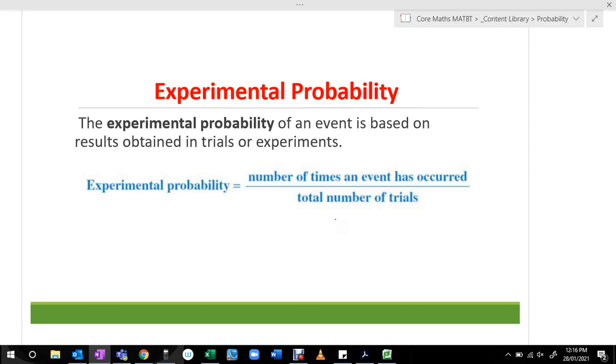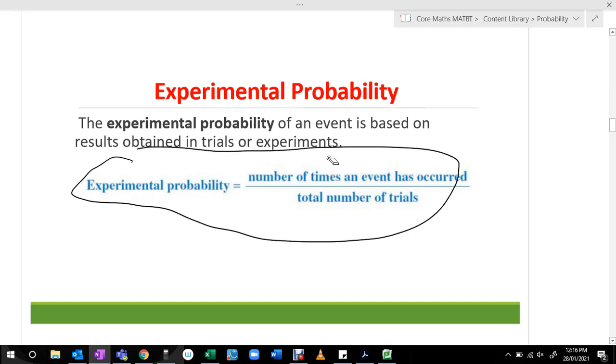Or you might roll a dice 3 times, and then you could say what was the experimental probability of getting an even number. So when it comes to experimental probability, it's you doing something to figure out the probability of that thing happening. This is the formula that we refer to. If it's not in your notes, I would recommend that you write this in there.